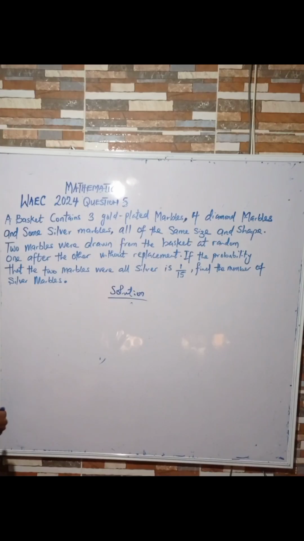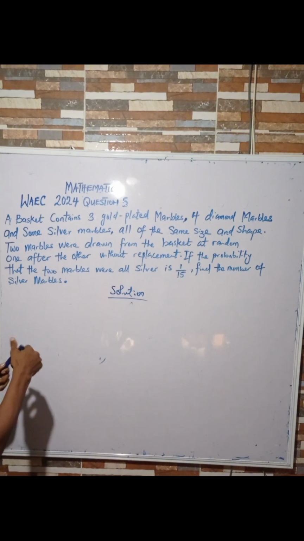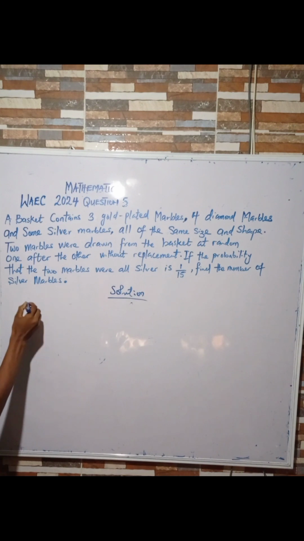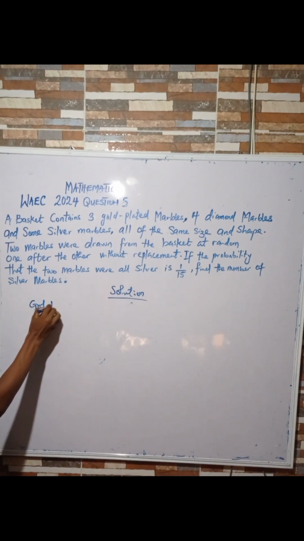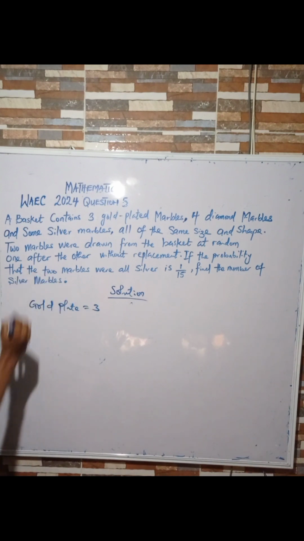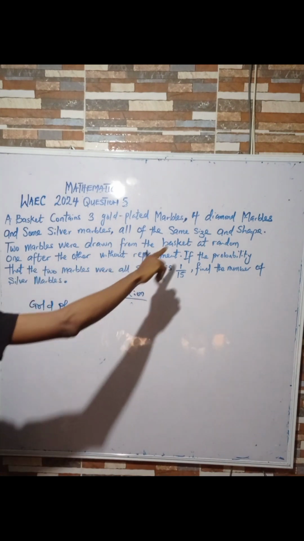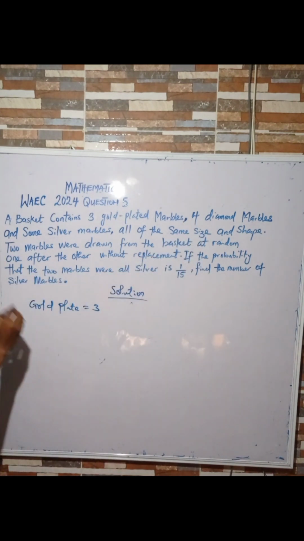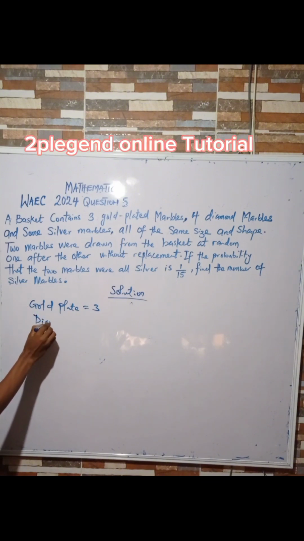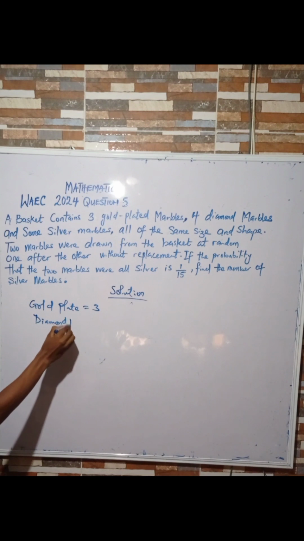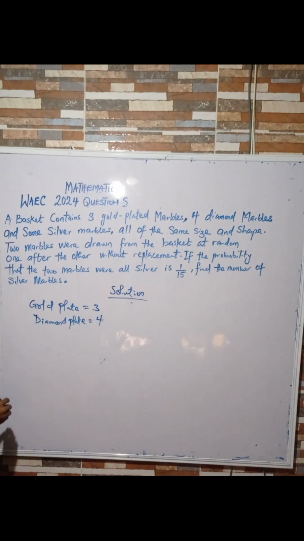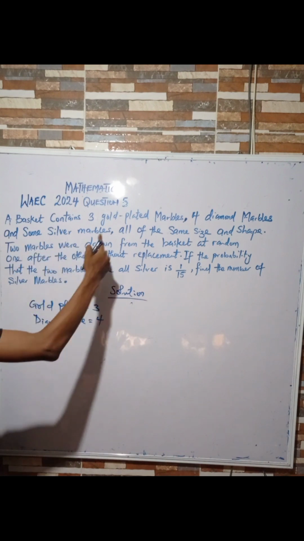Now we have a basket that contains 3 gold plates. So for the gold plate, we have 3. For diamond plates, we have 4. And we have some silver marbles.